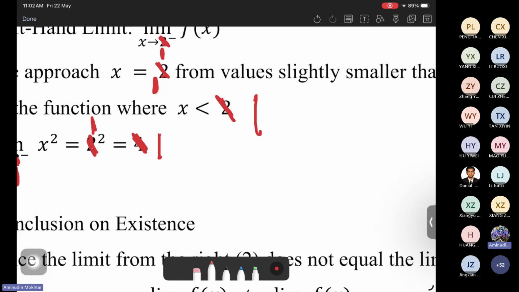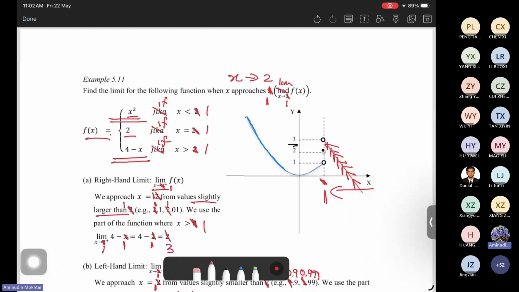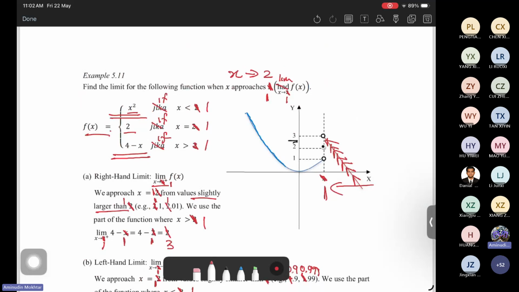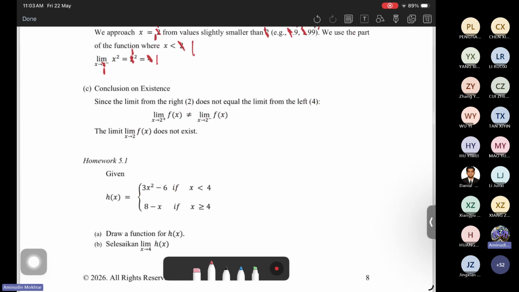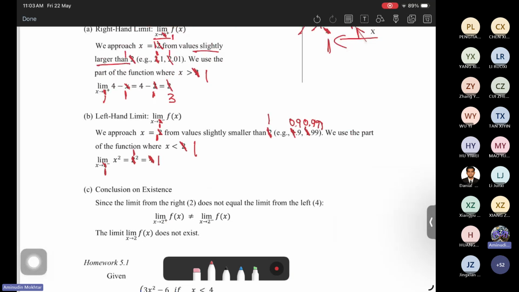the left hand limit and right hand limit of the function f(x). As you can see here, the left hand limit of the function is 1. The right hand limit of the function is 3. So in other words, based on the finding, we can conclude the right hand limit does not equal the left hand limit.